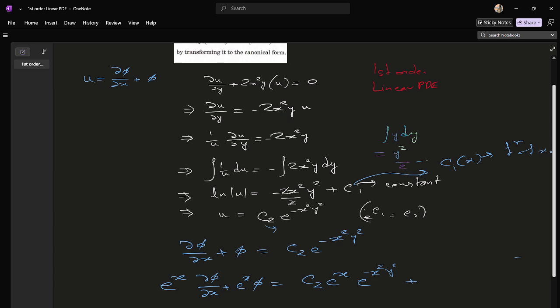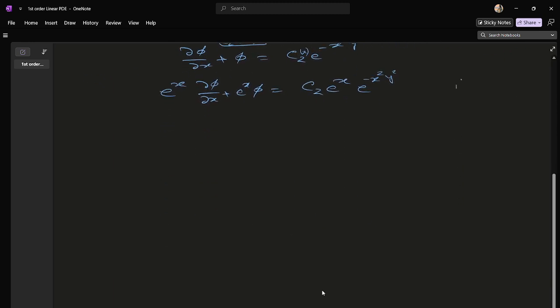So now this will also be a function of x, that means it will be c2(x). There was nothing added before, but after integration there will be something.